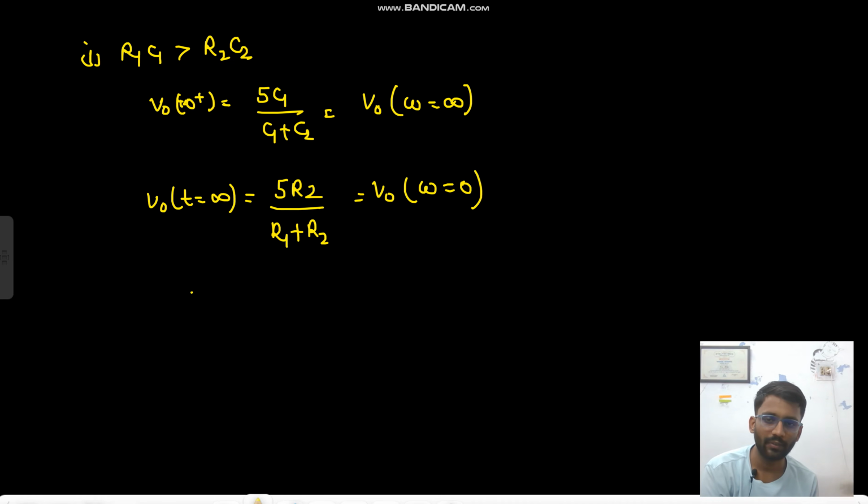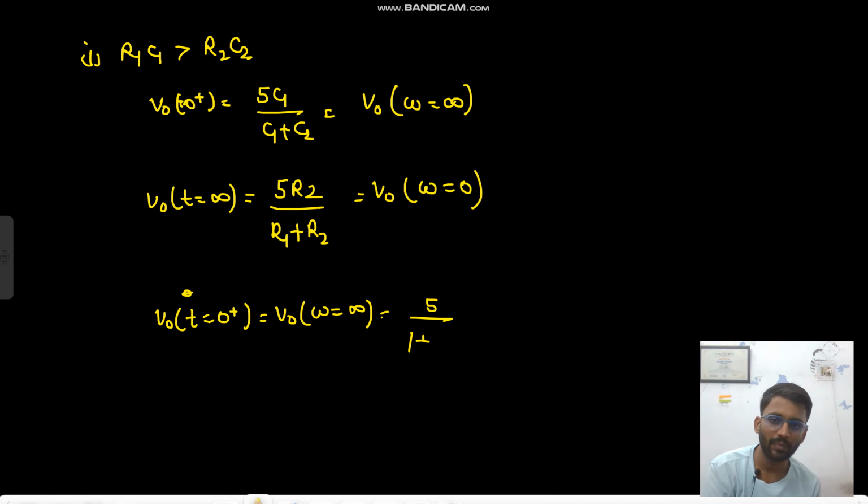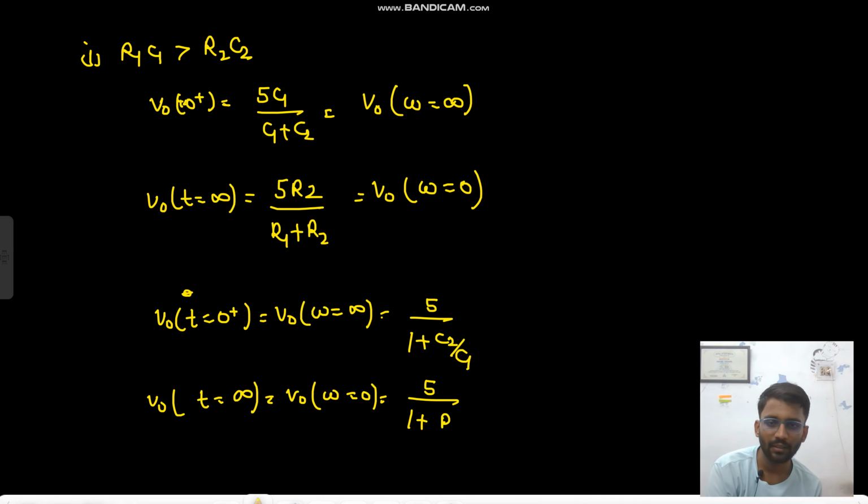Now here one value is your V0 at t equals to 0 plus, or your V0 at omega equals to infinity, is 5 into 1 plus C2 by C1, right? And your V0 at t equals to infinity, or your V0 at omega equals to 0, is 5 into 1 plus R1 by R2, right?